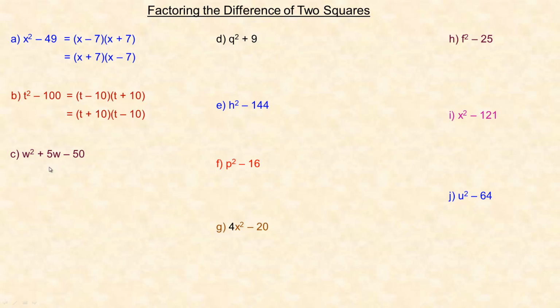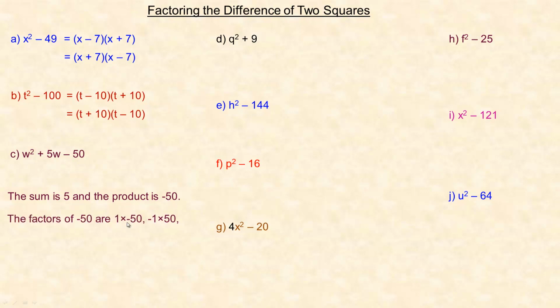And we can try factoring it by using that sum and product method. So the sum would be 5 from the 5w, and the product would be the negative 50 from the constant on the end. So we look at pairs of factors of negative 50. We could use 1 and negative 50, or negative 1 and positive 50. Also 5 and negative 10, or negative 5 and 10. You see, the product is negative, so one number has to be positive, the other negative.